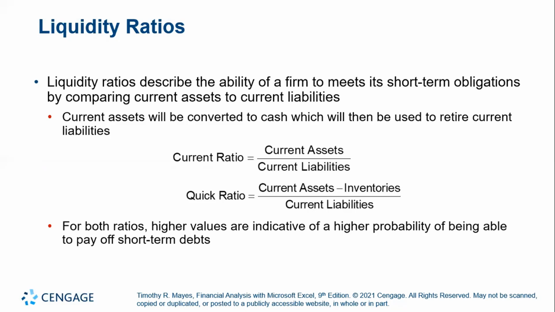Current ratio equals current assets divided by current liabilities. Quick ratio equals current assets minus inventories, divided by current liabilities. For both ratios, higher values are indicative of a higher probability of being able to pay off short-term debts.